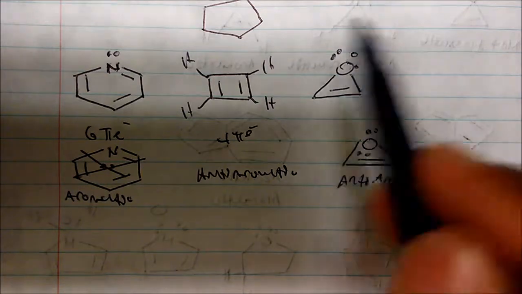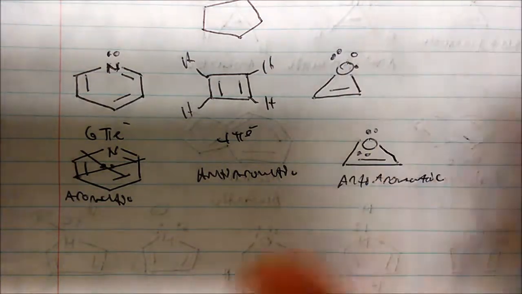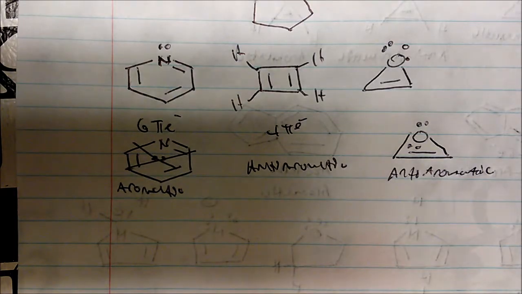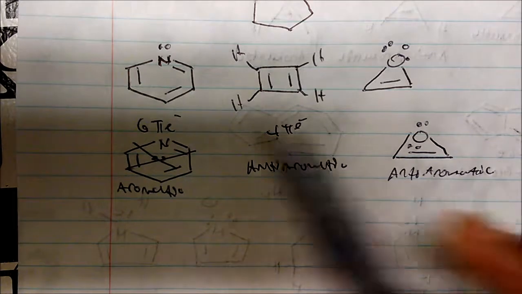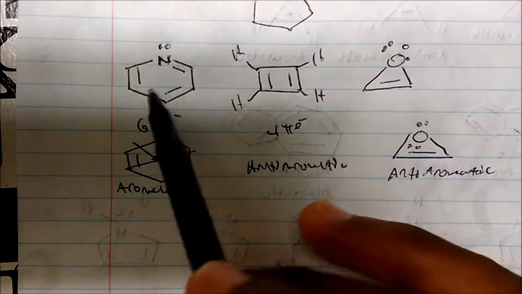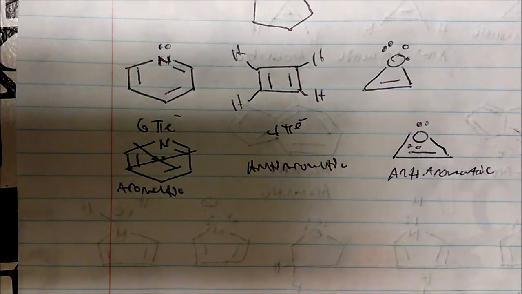In reality, the cloud of electrons moves around. But with this one, we cannot, because the ring is already conjugated, it's already stable, and these electrons will count towards hybridization, because if we move them, the nitrogen is linear, which does not make any sense.